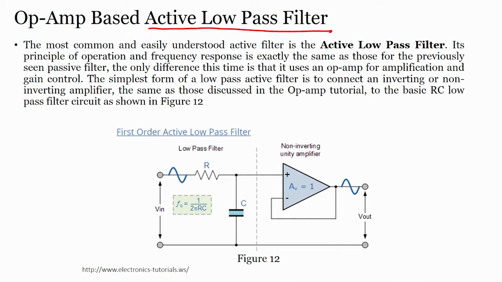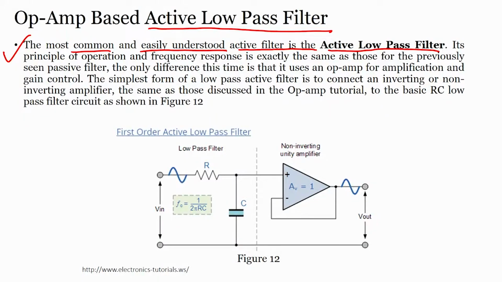So, the most common and easily understood active filter is the active low pass filter. It is very easy to understand, it is most commonly used for explaining the low pass filter, and its principle of operation and frequency response is exactly the same as those for the previously seen passive filters. We have not seen lots of filters previously, but we have seen the RC filter.